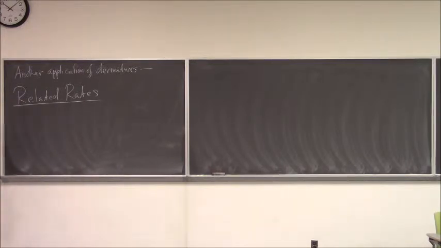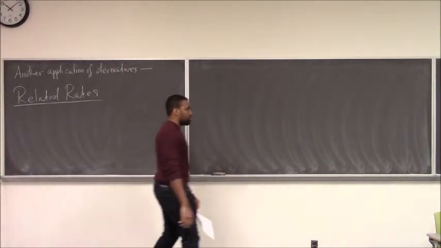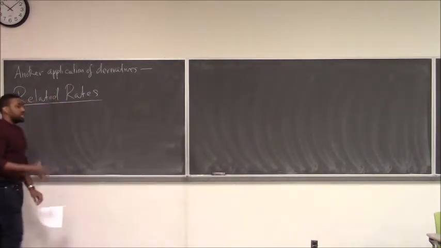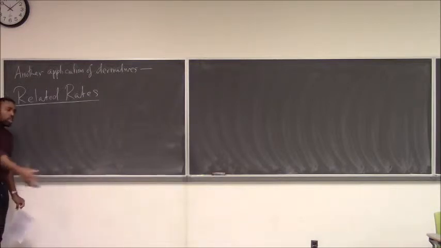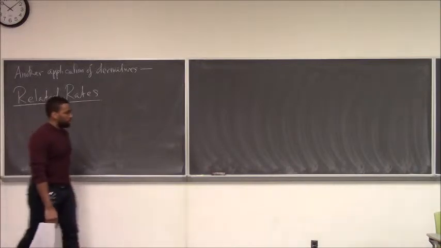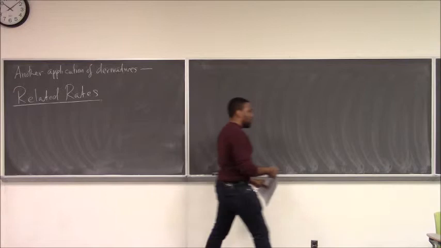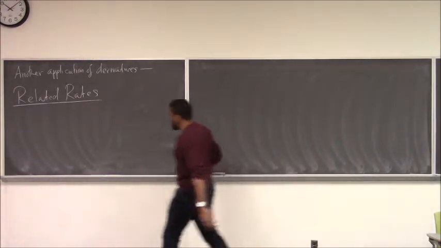We can have quantities that are related, and maybe we can even come up with an equation that relates these quantities. Now let's say you have all the information about one of these quantities. I know what it currently is, I know how fast it's moving, etc. But you want to find out all that information for the other quantity. You say you're doing a related rates problem. That's the problem.